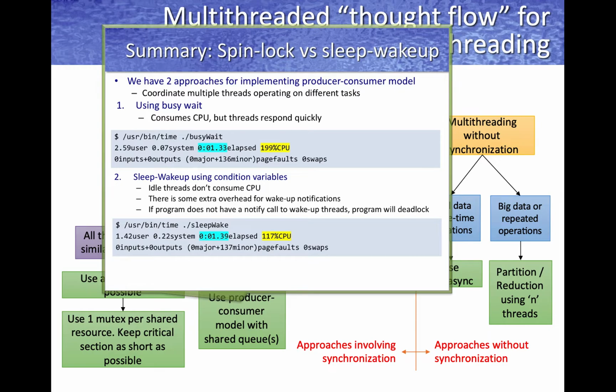So the response time for these threads will be a little bit higher, so it's a trade-off between energy versus response time. So you have to think about what type of problem you're working with, and which one is the more important criteria that you want to meet. And then based on that, you would choose the appropriate strategy to implement the producer-consumer model.